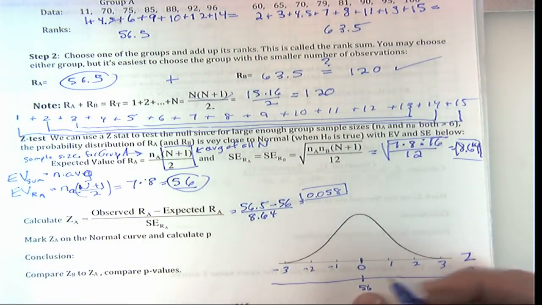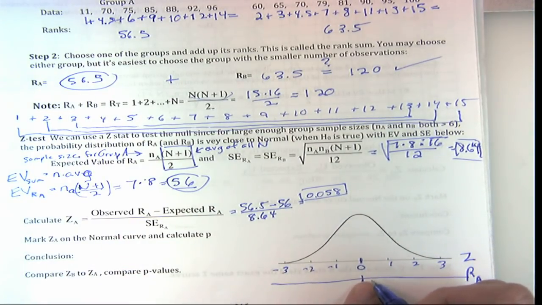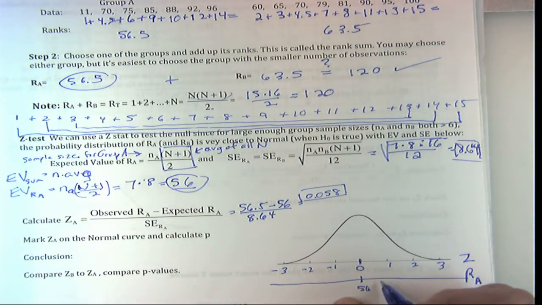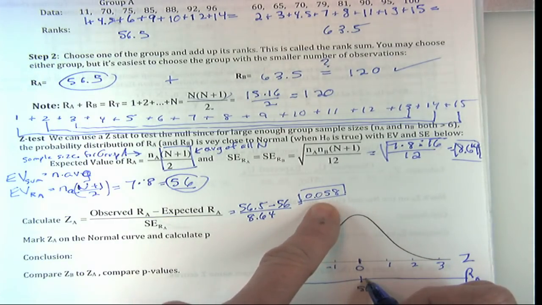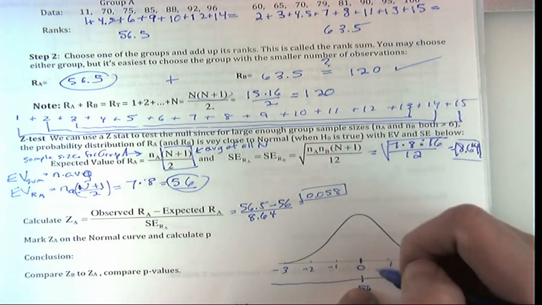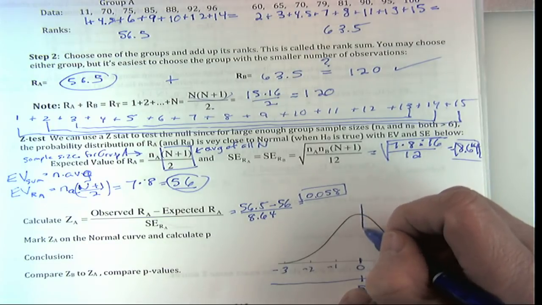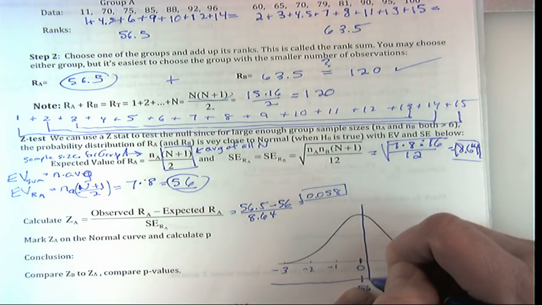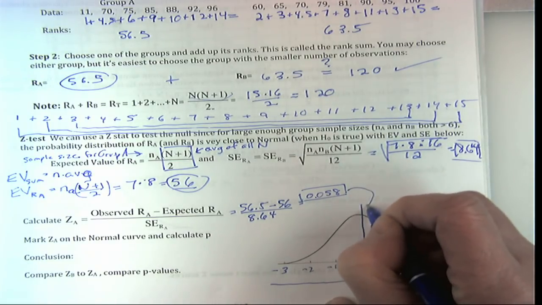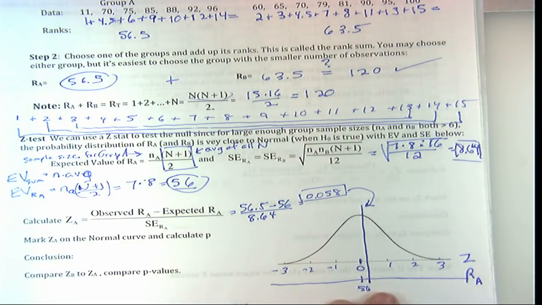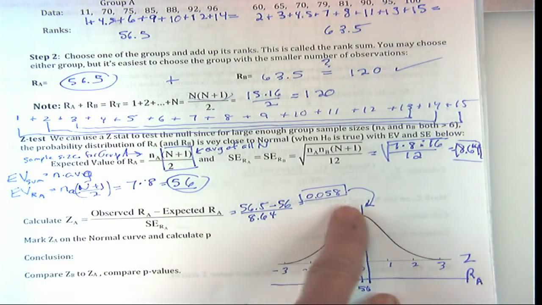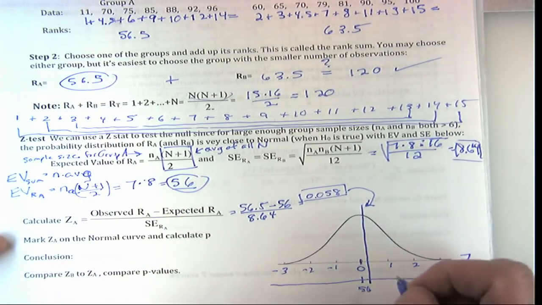And we want to know where to place 56.5. Is it here? Is it here? Where is it? Well, it turns out that 56.5 is so tiny. I can't even draw it small enough so you'll see it, but pretend it was like that. That's where our z is, right there. That's where 56.5 is once we change it to a z-score.